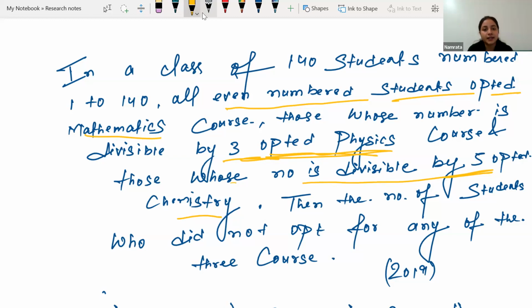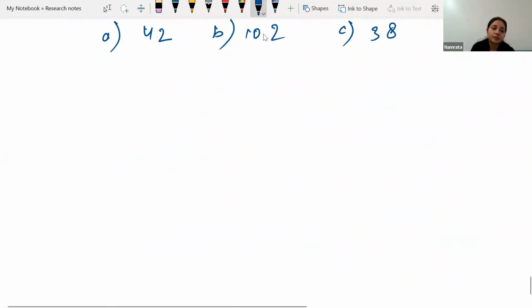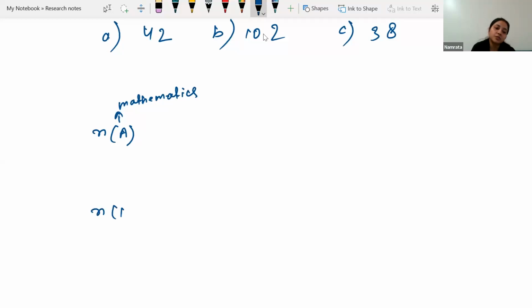Number of elements in set A, set B, set C. Three sets are there: one is the set of students taking mathematics, another the set of students taking physics, another the set of students taking chemistry. Let's make the sets. Let's say n(A) is the number of elements of set A, the number of students taking mathematics. n(B) is the number of students taking physics, and n(C) is the number of students in chemistry.